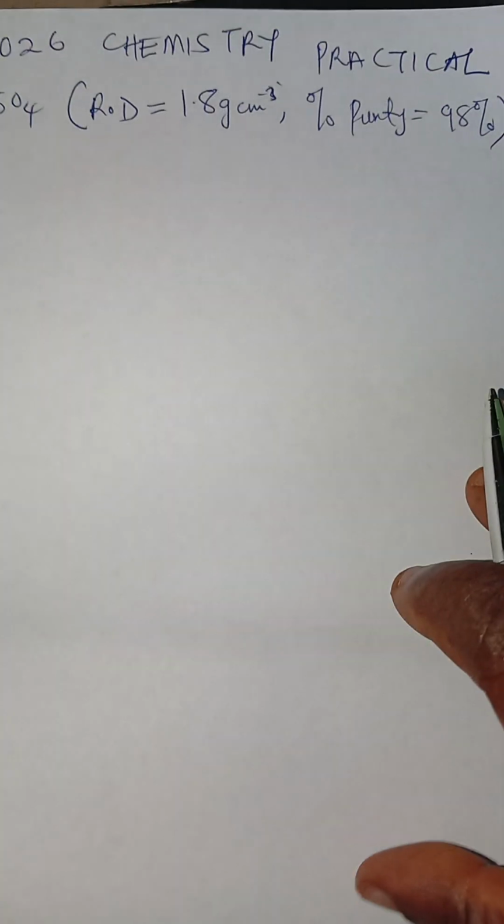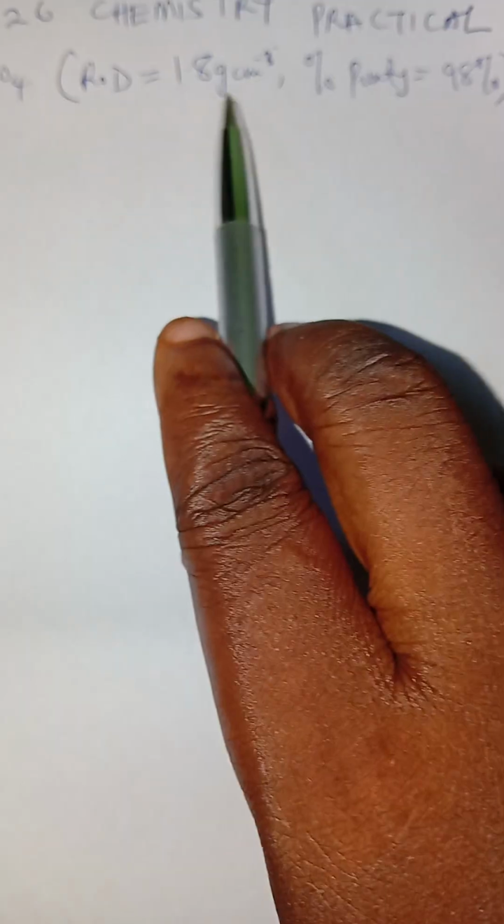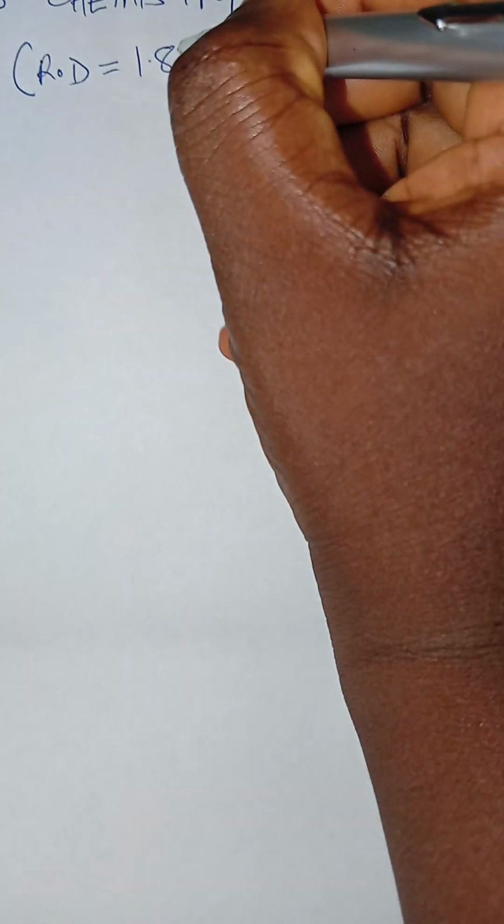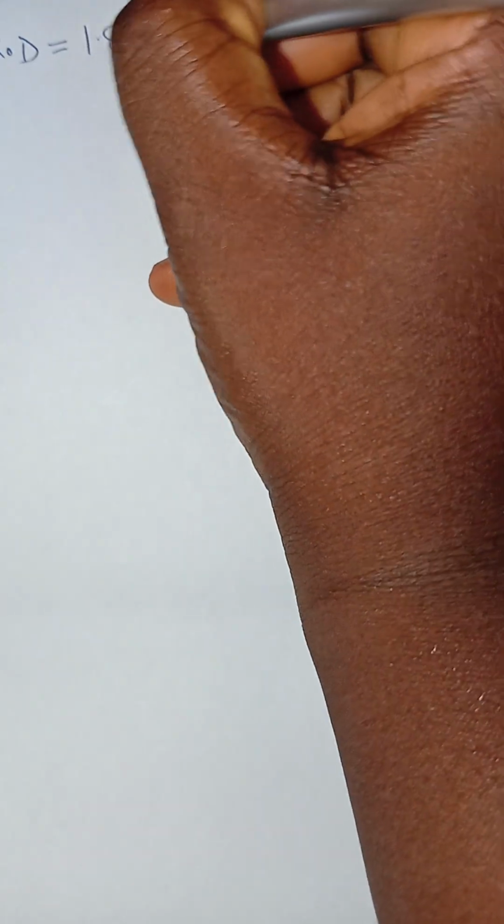This is the specification from WAEC. The specific gravity, or relative density, is 1.84, while the purity is 98. Please take note.